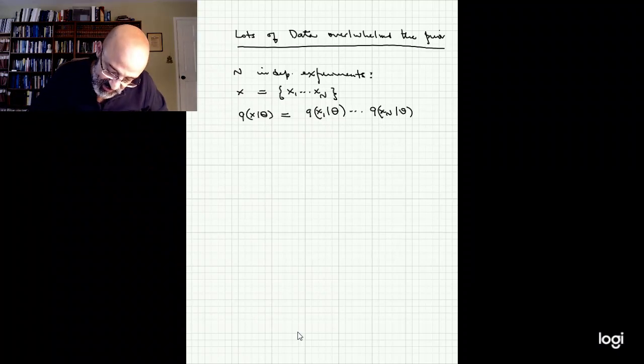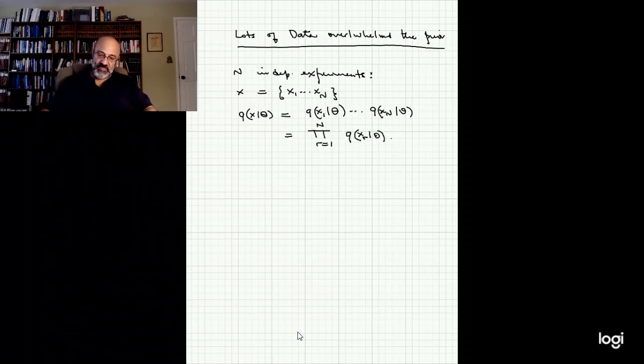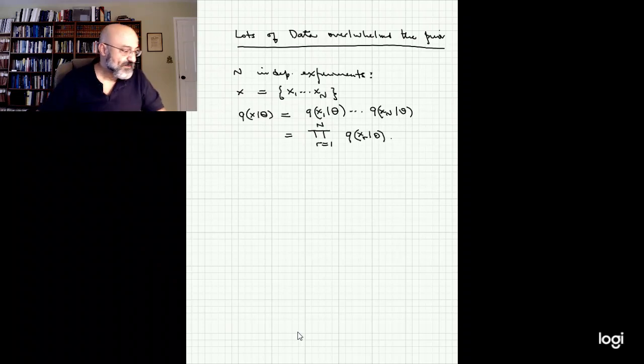And we're going to write this as a product from r equals 1 to n of q(xr given theta).